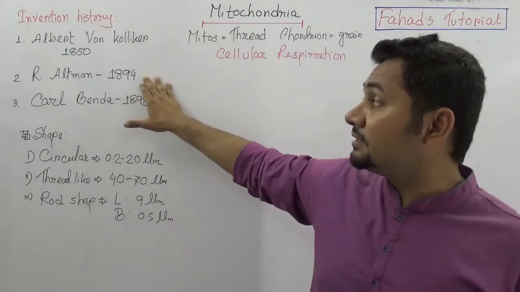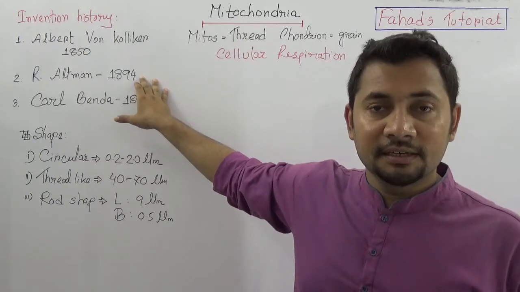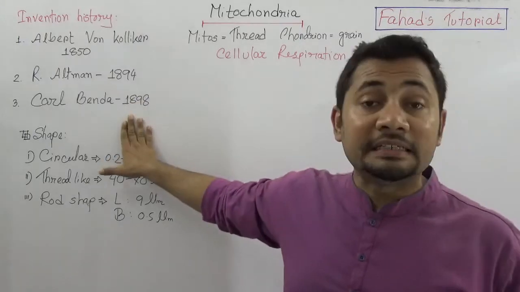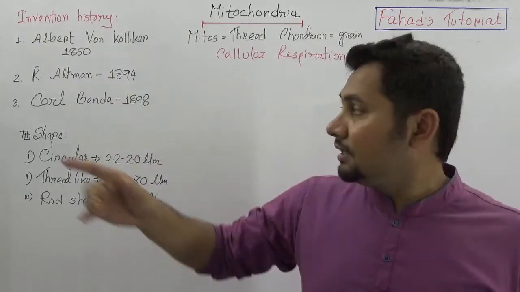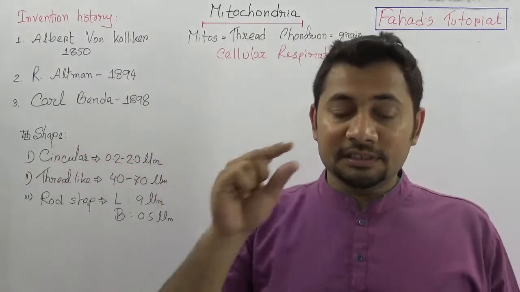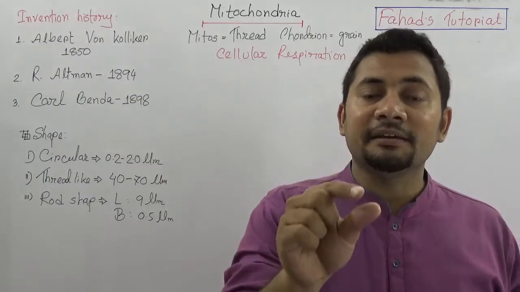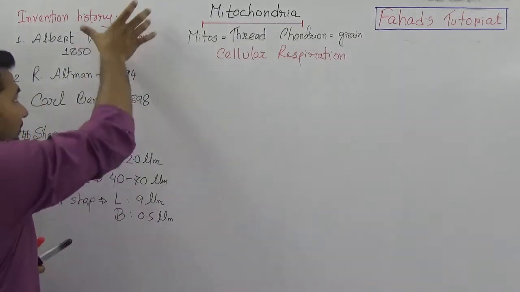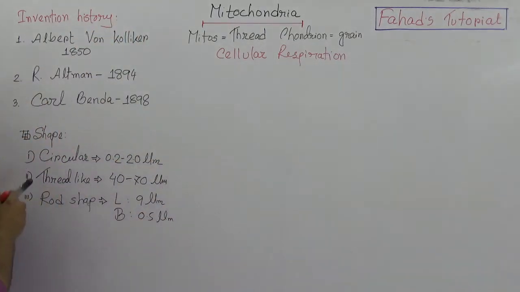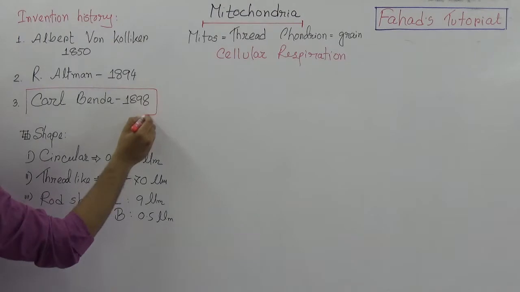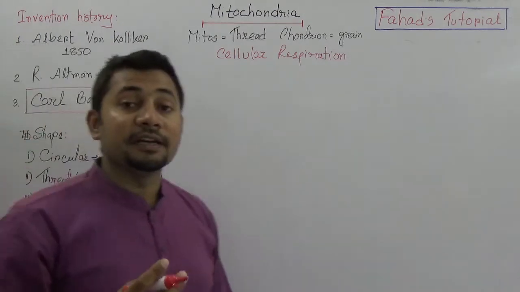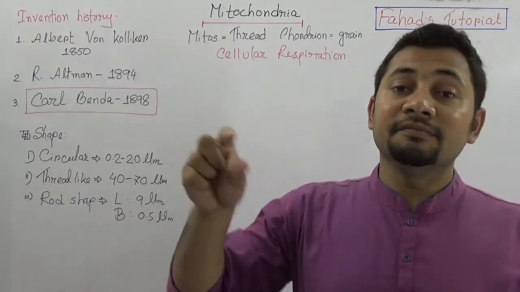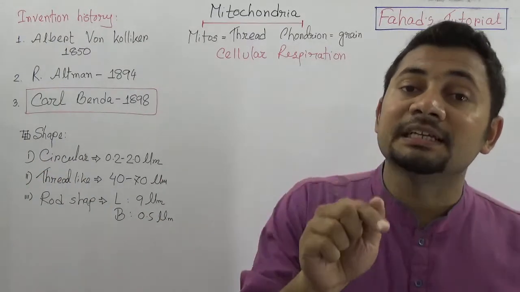Then in 1894, R. Altman first saw the mitochondria. Then in 1898, four years later, Carl Benda first coined the name mitochondria. So we know Carl Benda, 1898, as the one who first gave the name mitochondria.